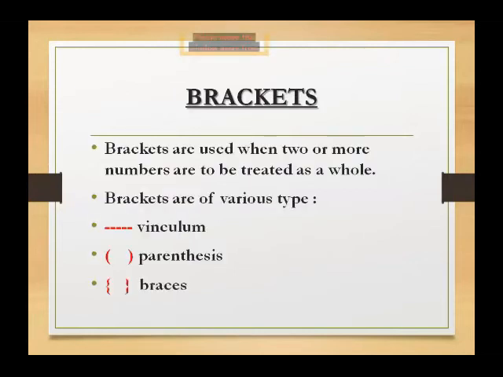When we simplify brackets and all four brackets are there, vinculum, parenthesis, braces and large bracket, first we solve the vinculum, then parenthesis, then braces, then the square or large bracket. Vinculum first, parenthesis second, braces third, and then the large bracket. This is the order to simplify any question which contains all four brackets.